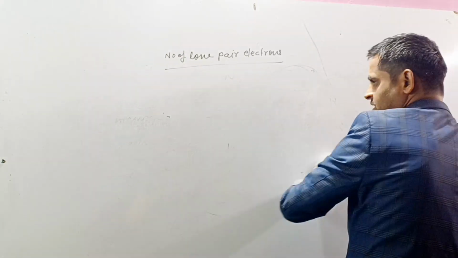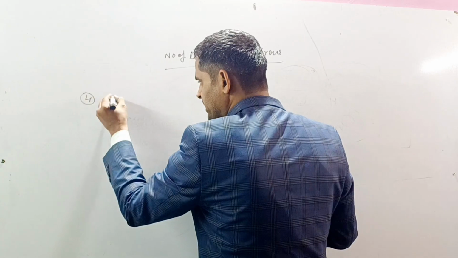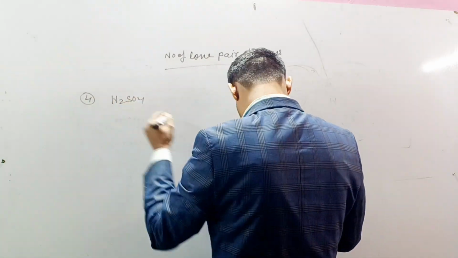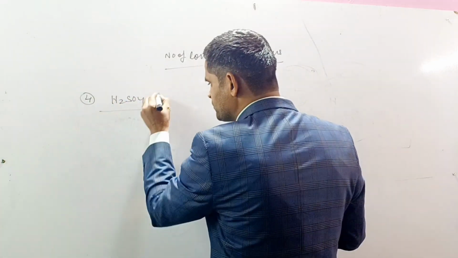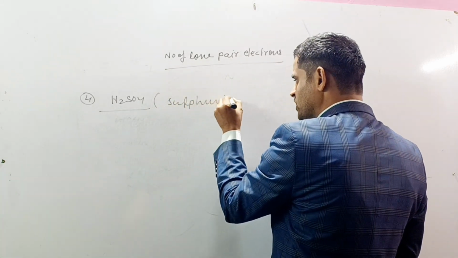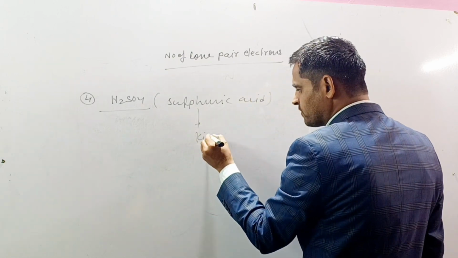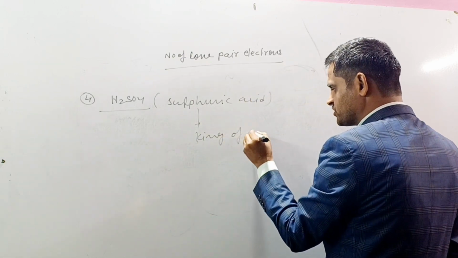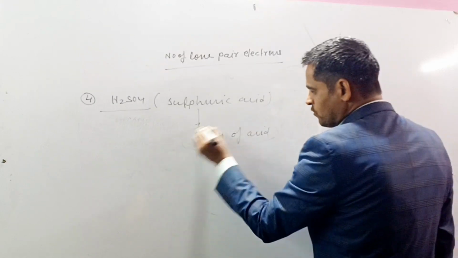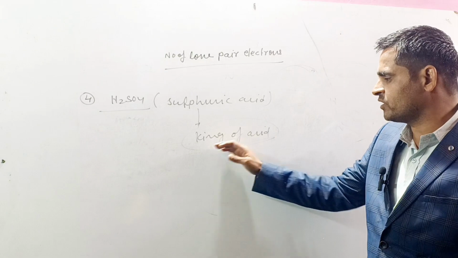After that, we will take a good example, such as H2SO4. H2SO4 is known as sulfuric acid. This is the king of acid. Why is sulfuric acid known as the king of acid?